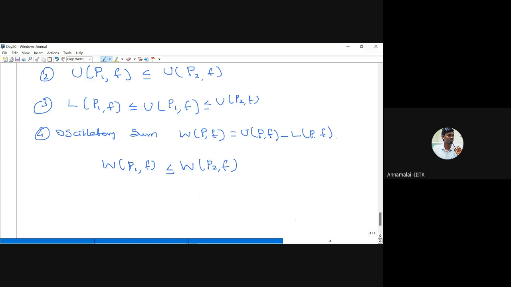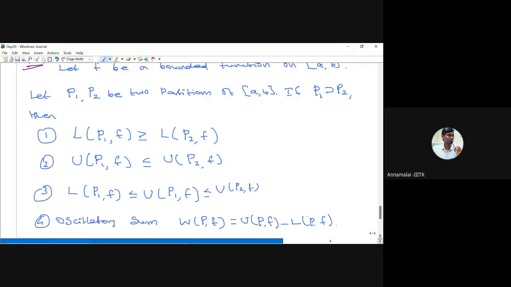Now, what about the sum? Okay, any doubt so far? No, sir. Okay. Suppose we have the sum of two functions. What is the lower sum of the partition of the sum of two functions?